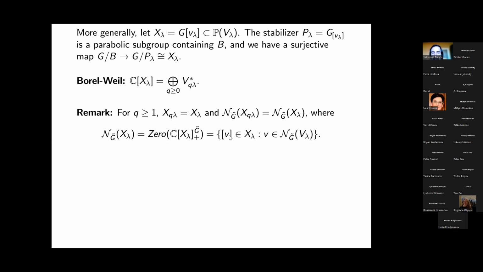And it is, again, by Hilbert's theorem, equal to those points in the variety, which, written as vectors or projectivizations of vectors, can be dragged to zero by our acting group, G tilde.